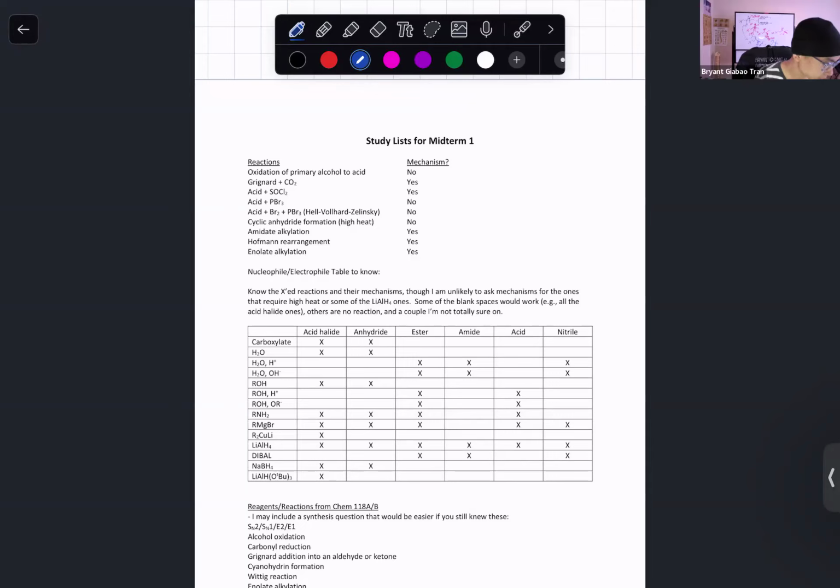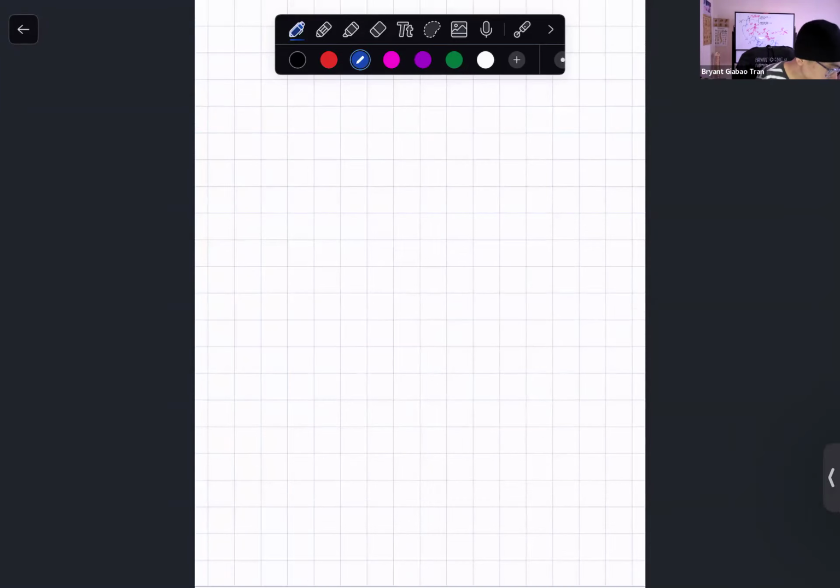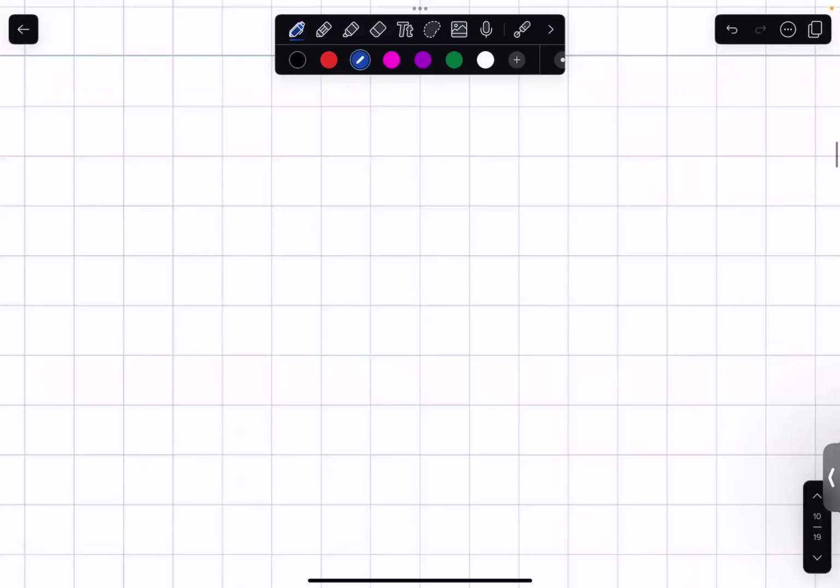Okay, good. So the problem was converting a Kekulé structure into bond line form.